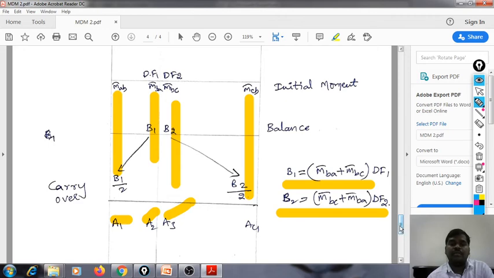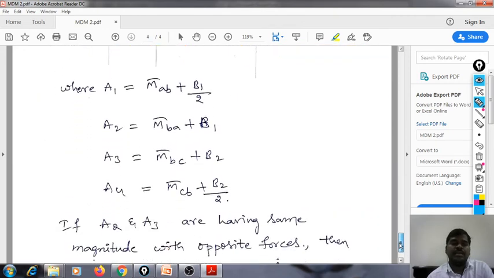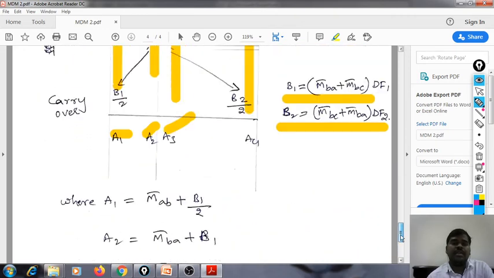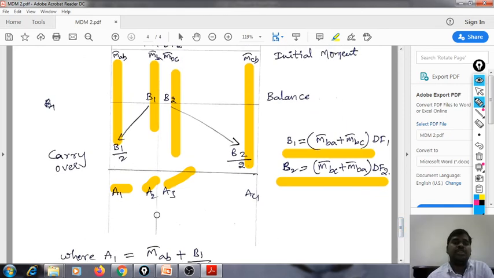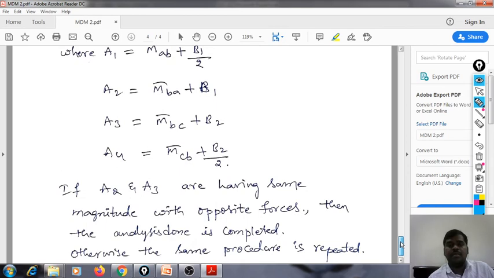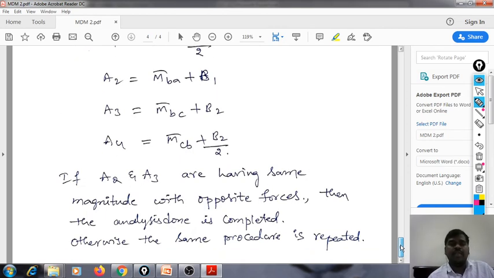After that, what we have to notice is A2 and A3. At the joint we are considering, suppose the value of A2 is plus 25 and A3 is 24.99 or 25.01, we can consider them the same. If A2 and A3 have the same magnitude with opposite signs, then the analysis is completed.